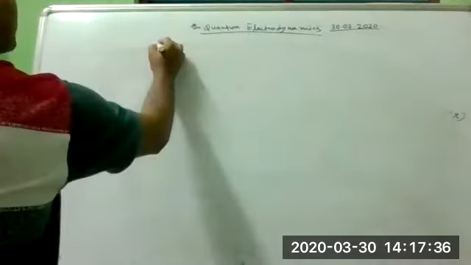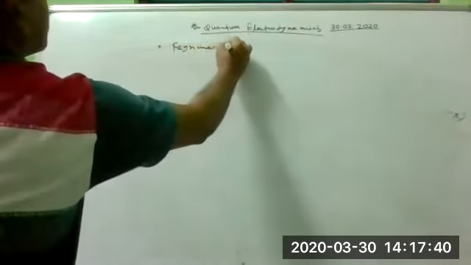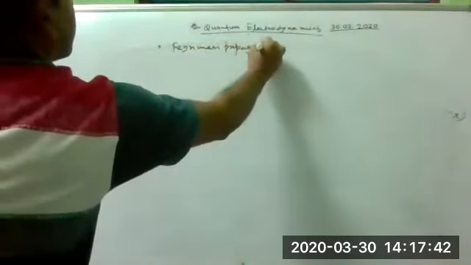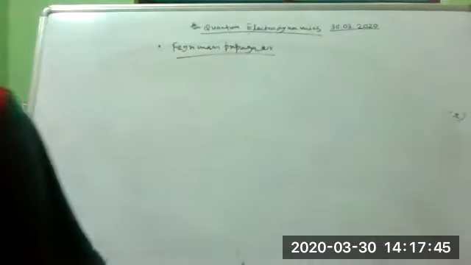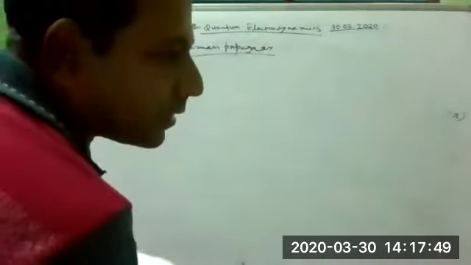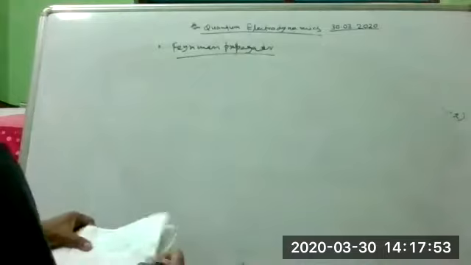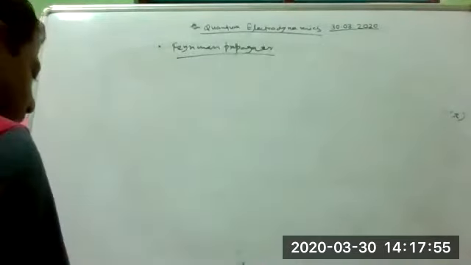Now the Feynman propagator. Already we derived the Feynman propagator of the real scalar field, Dirac field, and electromagnetic field. Now the symbol of this.